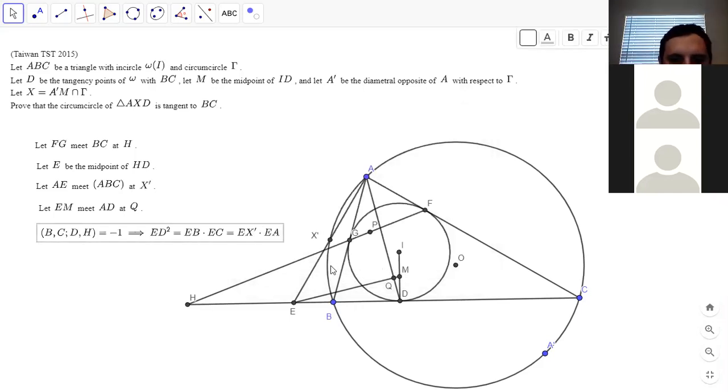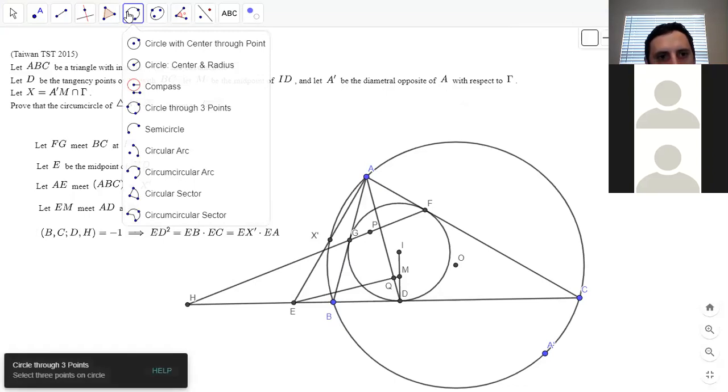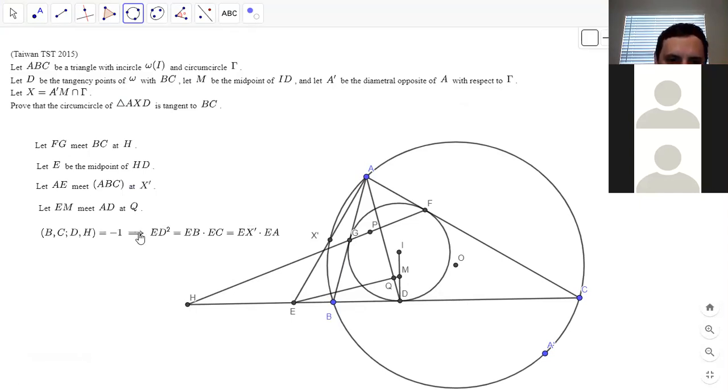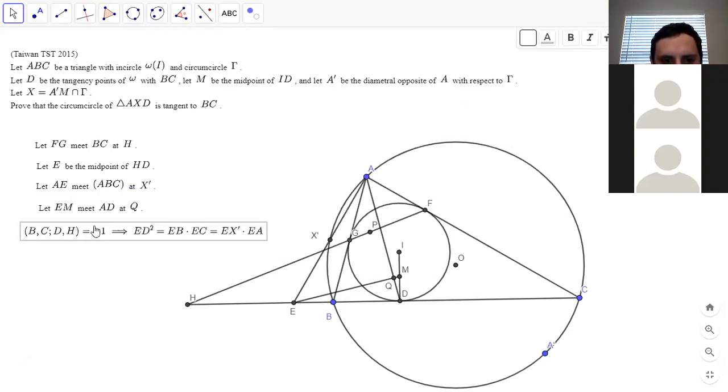So what was the next step? And then if ED squared is equal to EQ times EM, you have to say that EM is parallel to IH and IH is perpendicular to AD.